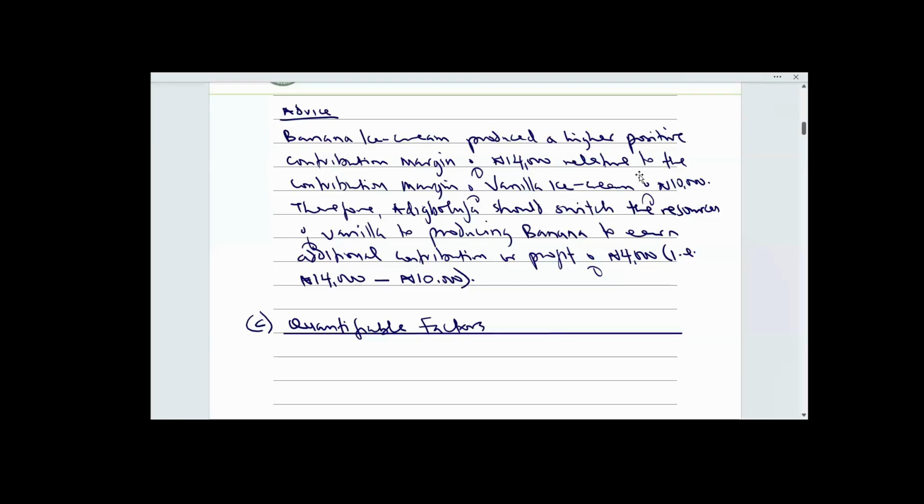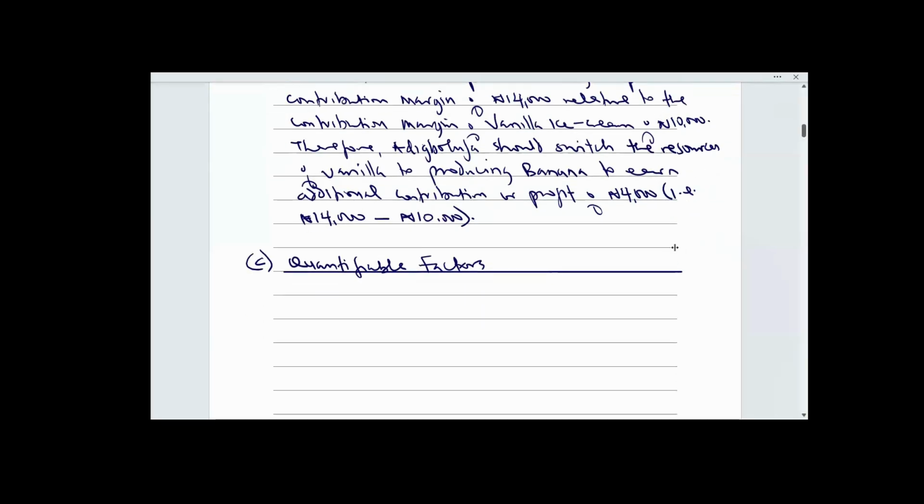What we are saying is that whether the examiner asks you or not, for you to be able to earn your full mark, you have to state your qualitative factors. That's the bottom line. But in this question number C, you are asked to state your qualitative factors, irrespective of whether it is positive or negative.